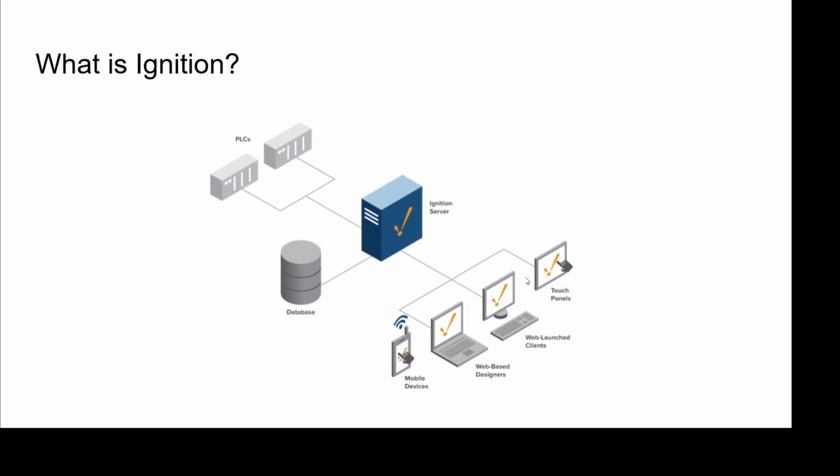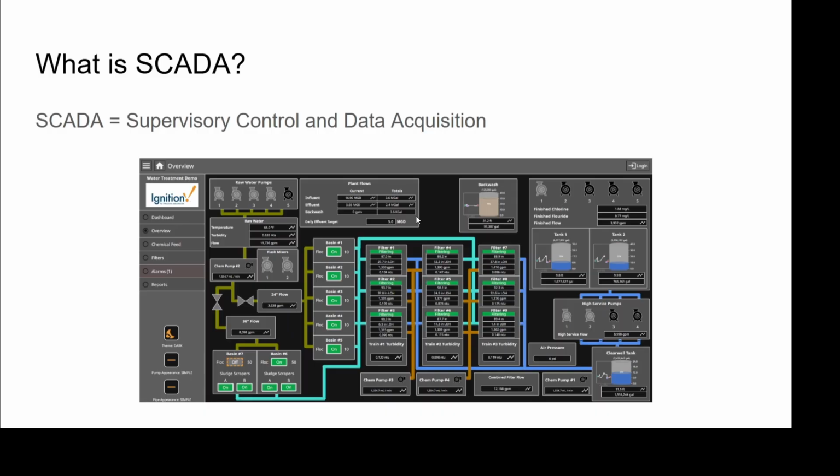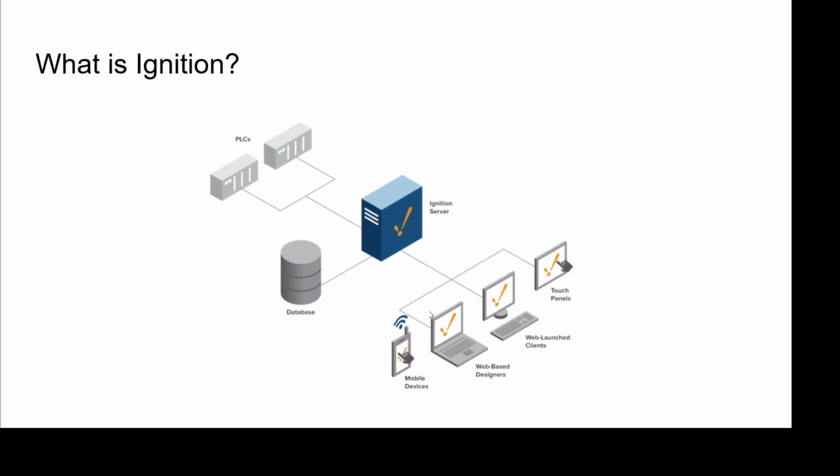The Ignition server will have clients, shown here with the computers and mobile devices and tablets that display similar to this water treatment screen. They'll display what we're looking at, so an operator can interact with the Ignition server, view data that's coming from that, send set points, manage alarms, etc. Ignition can also connect to databases.